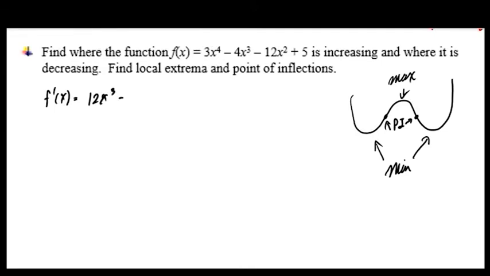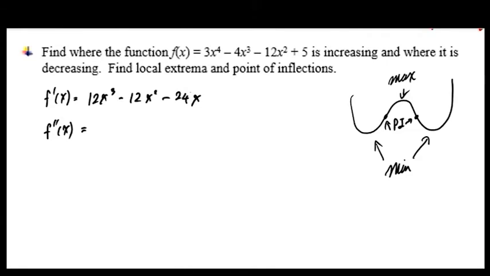So far so good? Okay, we're gonna need to set this thing equal to 0 and do all that, but while I'm on a roll, I'm gonna just go ahead and take the second derivative.